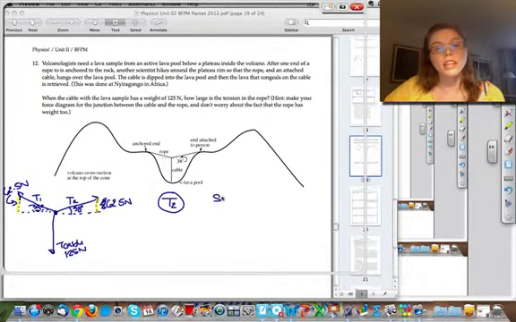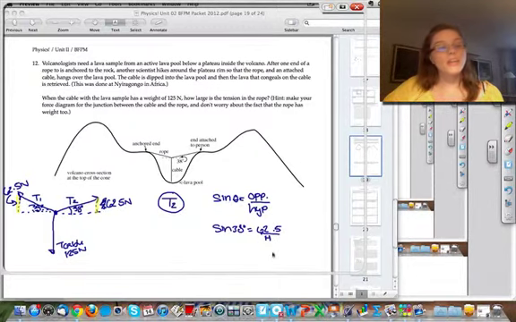So we use sine theta is equal to opposite over hypotenuse. So sine 38 degrees is equal to opposite 62.5 divided by the hypotenuse.